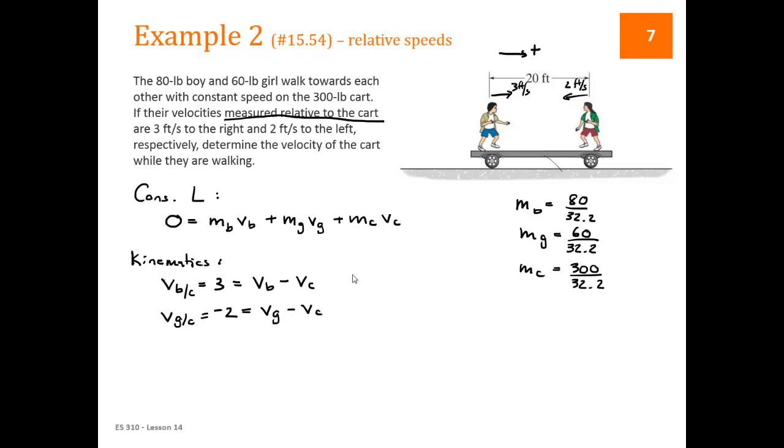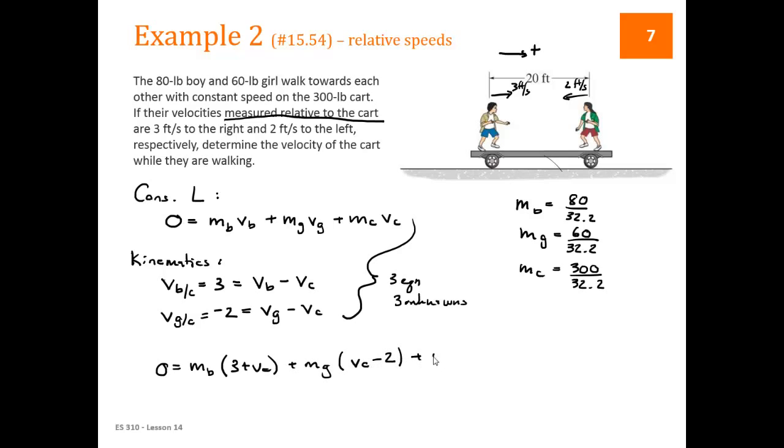Now we have 3 equations and 3 unknowns, so we can solve them. Let's solve this one for VB, this one for VG, and plug them in up there, and you'll have an expression for only VC. So we get 0 is equal to the mass of the boy times (3 plus VC), plus the mass of the girl times (VC minus 2), plus the mass of the cart times VC.